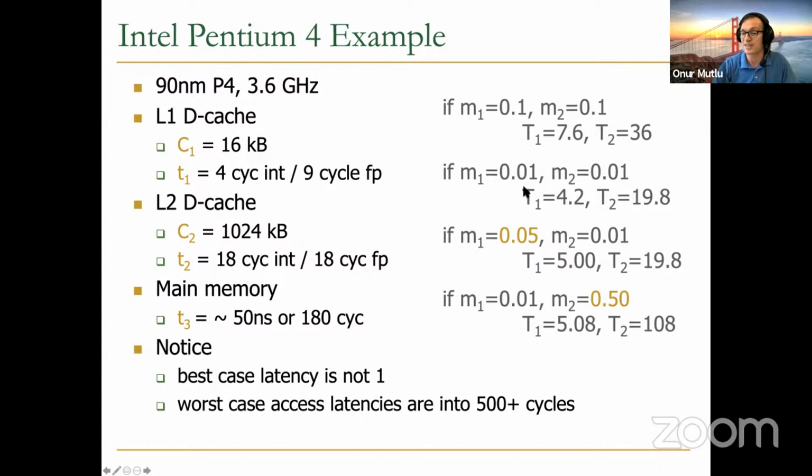So going from the second part to the third part, we increase the miss rate in the L1 cache by 5x. Going from the second part to the fourth part, we increase the miss rate in the L2 cache by 50x while keeping the other constant. And we get a similar amount of perceived access latency in the L1 cache. So this shows you that you can get similar latencies by managing the caches in different ways.